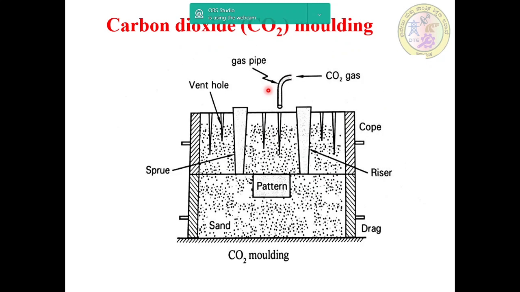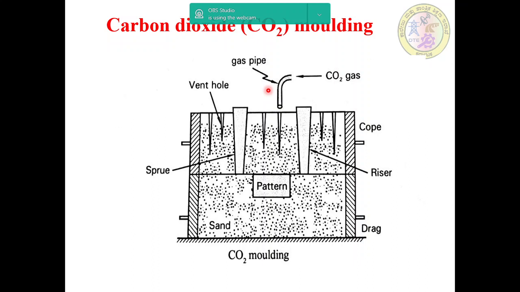Next one is carbon dioxide molding. Carbon dioxide molding is also known as the sodium silicate process. It is one of the widely used processes for making molds and cores.